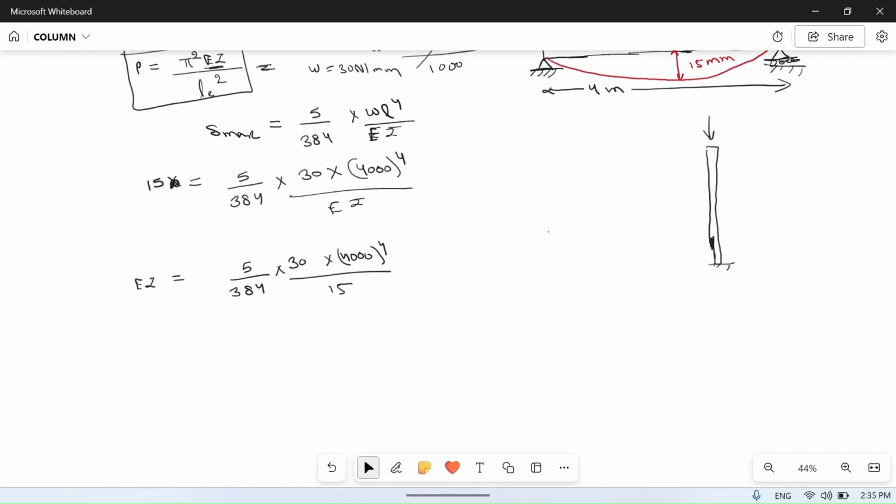If you calculate it, you will get 2 by 3 into 10 to the power 13 Newton mm square. So this is the value of E into I. We will use this value of EI in our column problems.